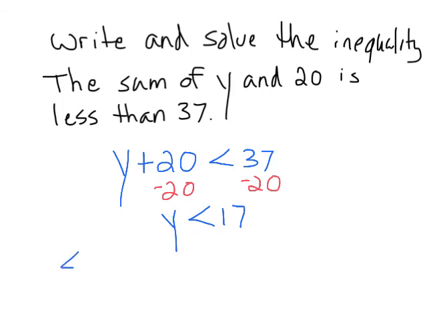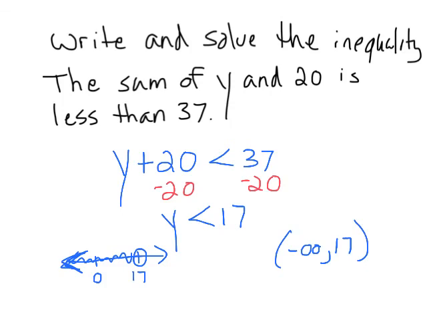On a number line, you would have 0 as a reference point and the number 17, open circle, shaded to the left. In interval notation, you would start at negative infinity and come up to 17, and you don't include it. If it were less than or equal to, then you would include it, but since it's not, you don't. And that is a review of basic equation and inequality solving to get us started for the year.